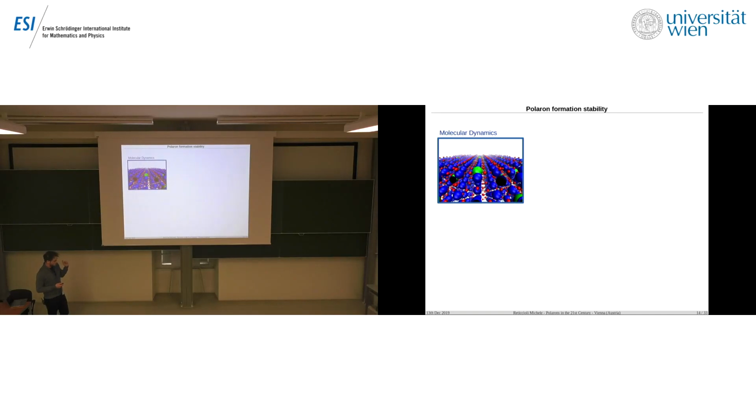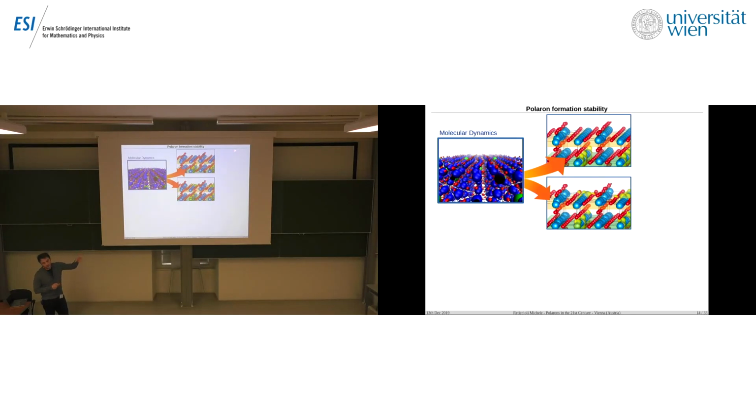To do that, we took our data from the molecular dynamics, extracted the polaronic configurations, and calculated for each of them the energy with an additional density functional theory calculation at 0 Kelvin. So on top of the molecular dynamics, we did thousands of calculations for the energy, extracted all the results and put them in this graph.